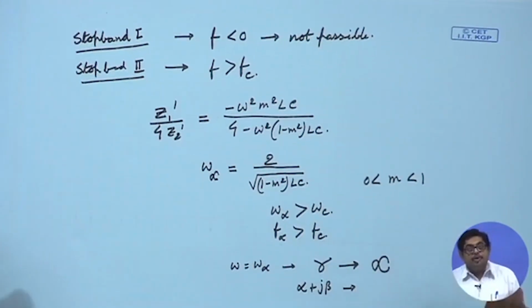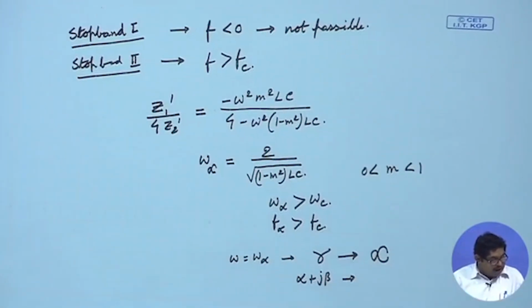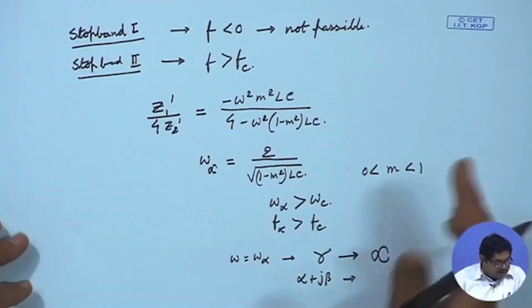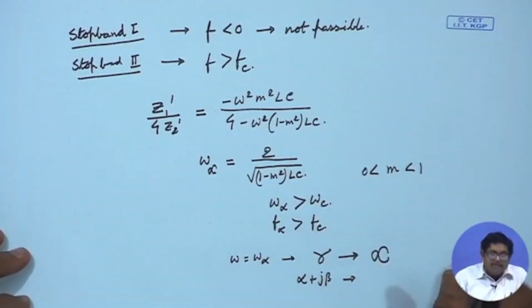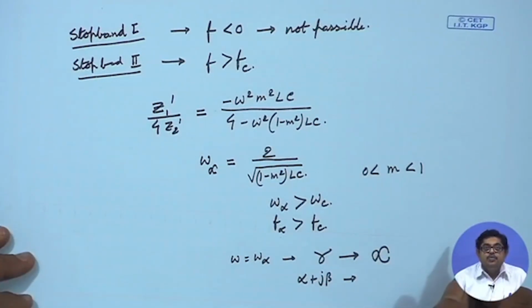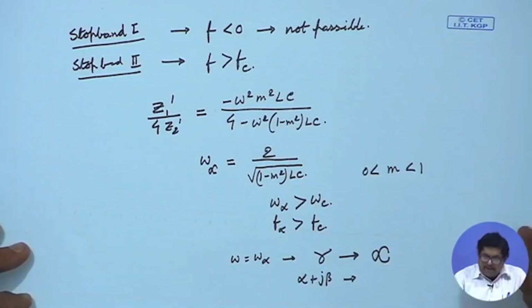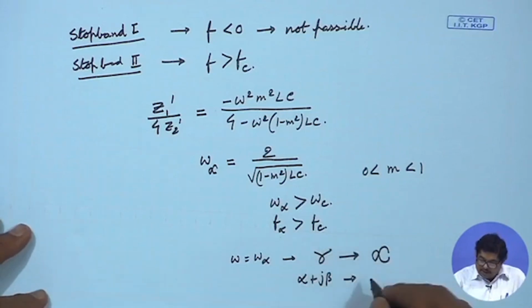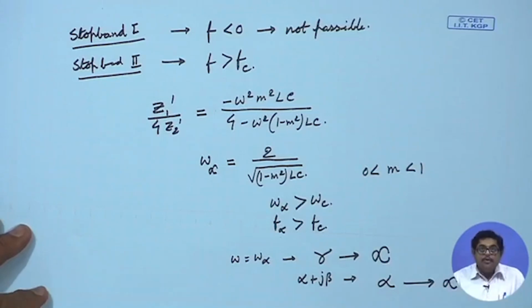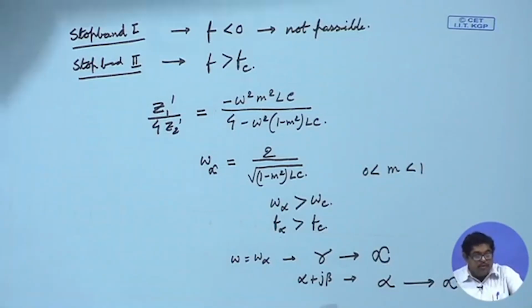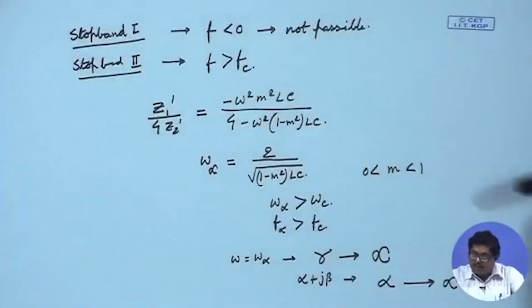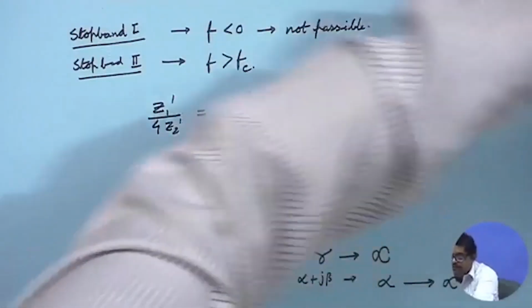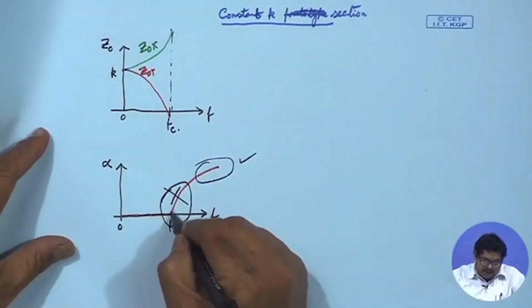We have proved that we are at stop band 2. So, at stop band 2, we know that beta is a constant, it is equal to 2n minus 1 pi. So, let us say pi. So, beta is constant, but alpha plus j beta is very high. So, that means alpha is also going to infinity there. So, that was the thing we were looking for when I said that the problem of this constant k section is near f c.